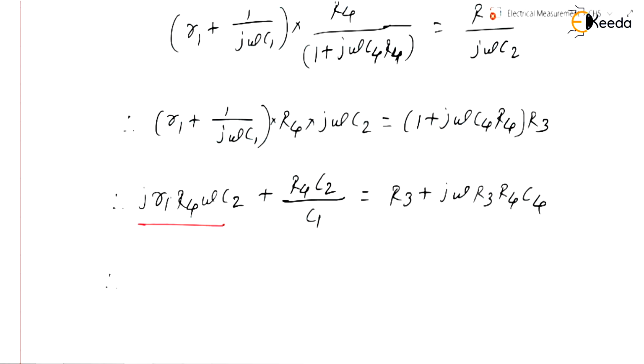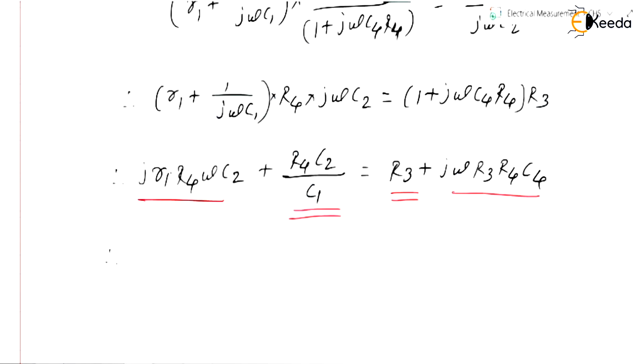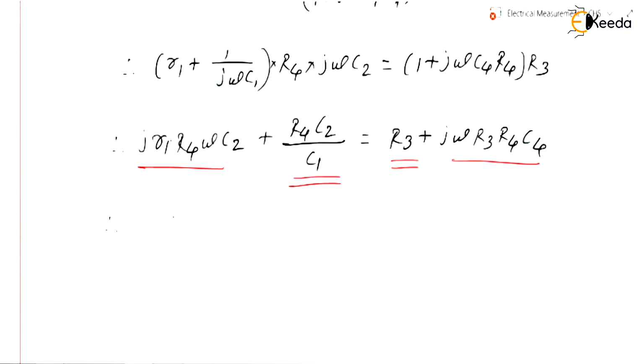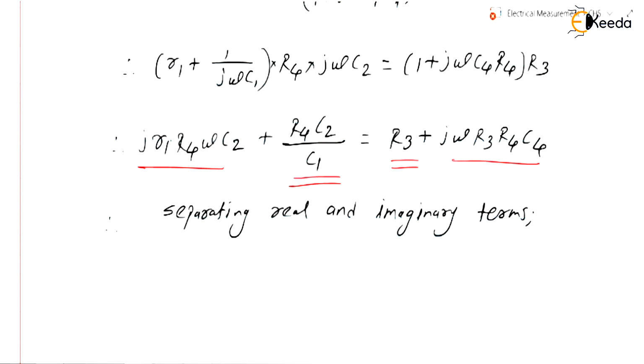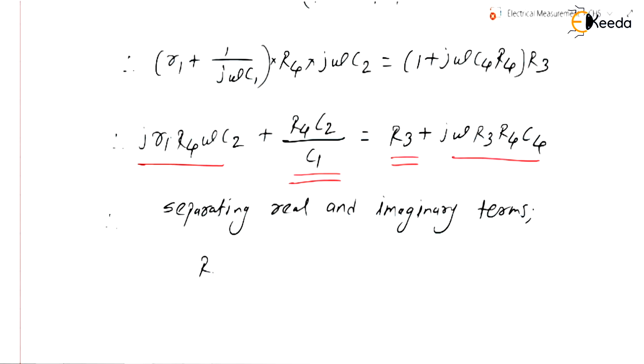Now separating the real and imaginary terms. Here this is the imaginary term on each side, and this is the real term on each side. Equating the real terms, we can write R4 into C2 divided by C1 is equal to R3.